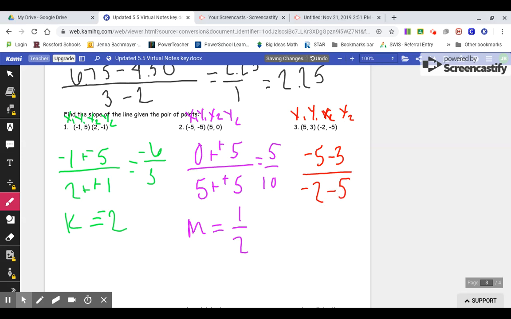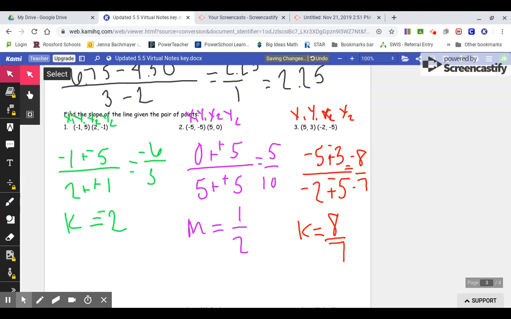So negative 5, I'm going to do plus negative 3, which is going to give me a negative 8, over negative 2 plus a negative 5, which is going to give me a negative 7. A negative 8 divided by a negative 7 is a positive 8/7. So I know my slope is going to be a positive 8/7. Go ahead and try the next three on your own.